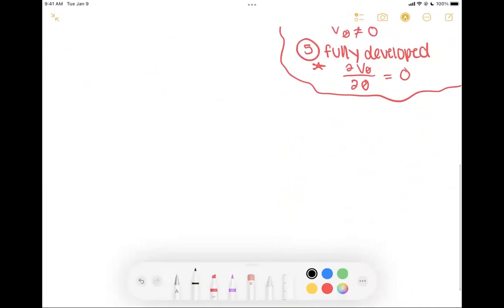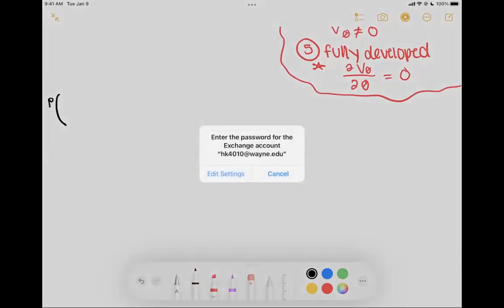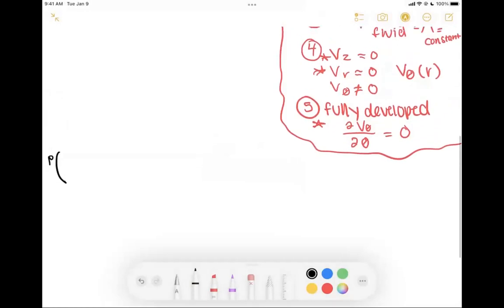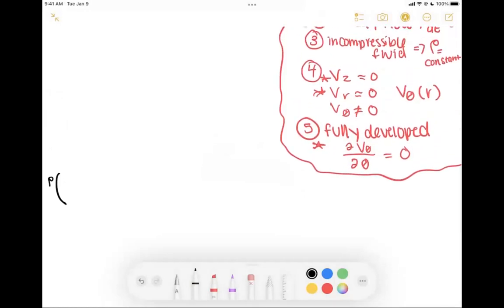I'm just going to continue down here so I have a little bit more room. Again, we're going to be using the cylindrical coordinates, and the equation that we want is the one with theta involved, because we determined that V theta is not equal to 0.